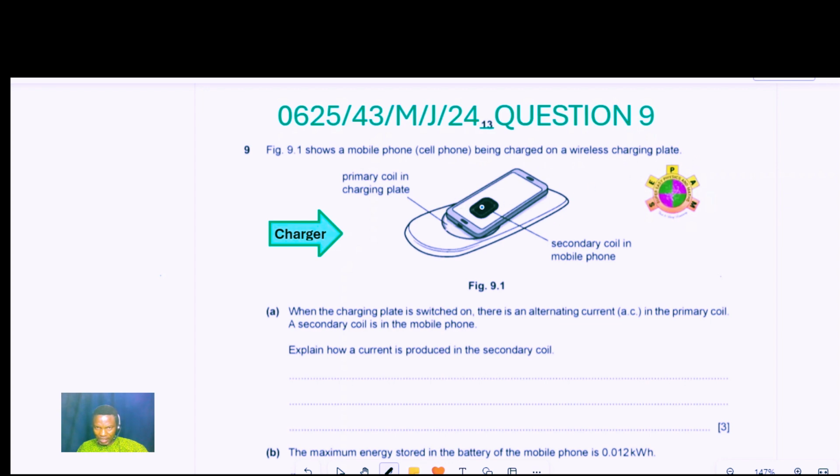In this case, you have two basic coils. You have the coil from the primary plate, this coil here. We can call this one the primary. Then we have the secondary coil.